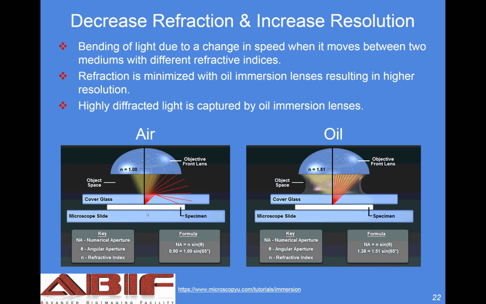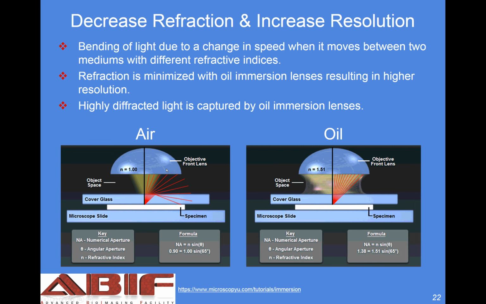And what happens is when that light passes from the cover glass to the air, we have refraction because we're going at an angle from material of one refractive index to a material of another refractive index. And you can see that the light bends, and the bending is proportional to the angle. So as we go at higher and higher angles, you can see there's more and more bending. And there's a point where the light bends so much that it's not collected by the lens.